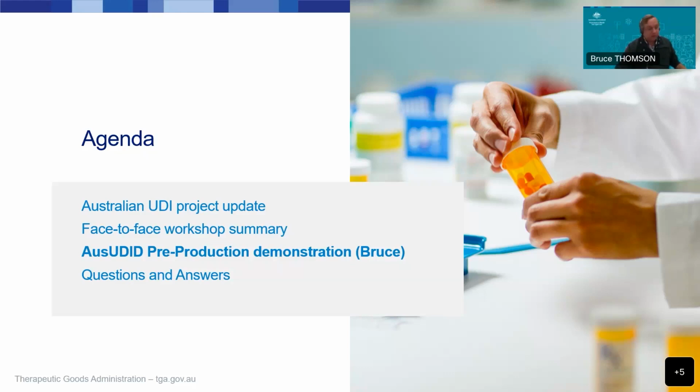The login procedure, firstly, for the pre-production environment is similar to our production system with one key difference, and that is the pre-production login will take you straight to AusUDID rather than first logging into the TGA business services. When you first indicate your interest in participating in pre-production, you'll be given a login link.